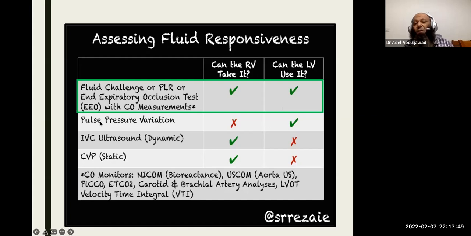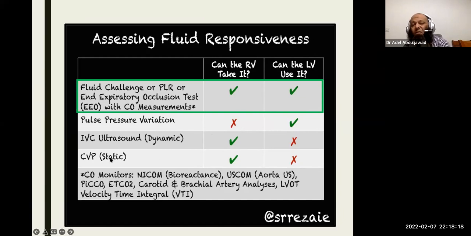While if you are assessing pulse pressure variation, you cannot ideally look at the RV. Also for IVC ultrasound, when you want to assess the inferior vena cava diameter, either in spontaneously breathing or mechanically ventilated patients, it's one of the dynamic parameters, but again, you are assessing the RV or preload only.